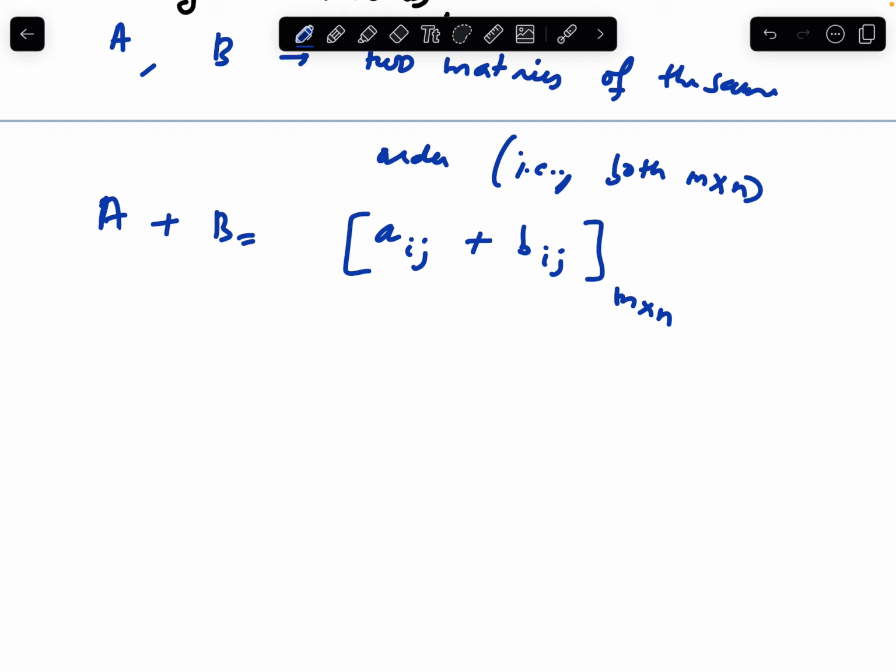That is, you add them term by term. So the result A plus B is also an m by n matrix.